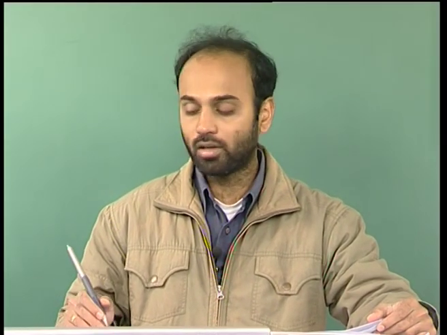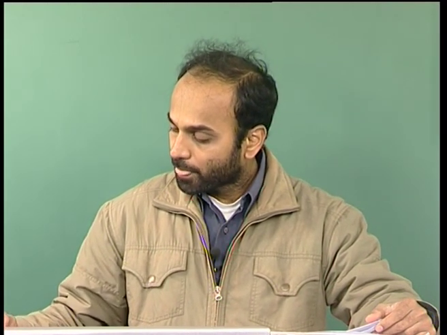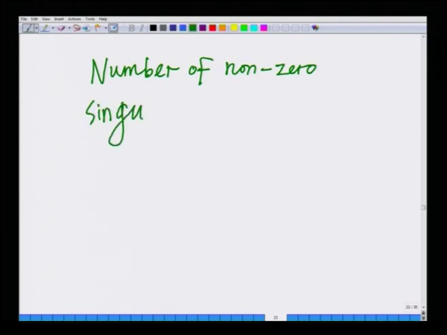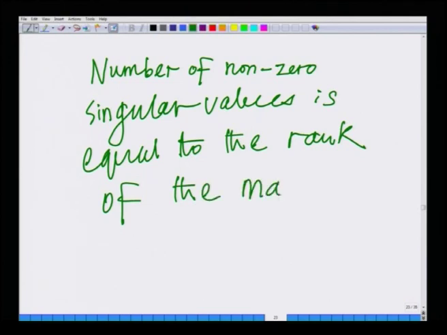Alright, so we have looked at the singular value decomposition. Further, I also forgot to mention one small point. In fact, the number of non-zero singular values is equal to the rank of the matrix.